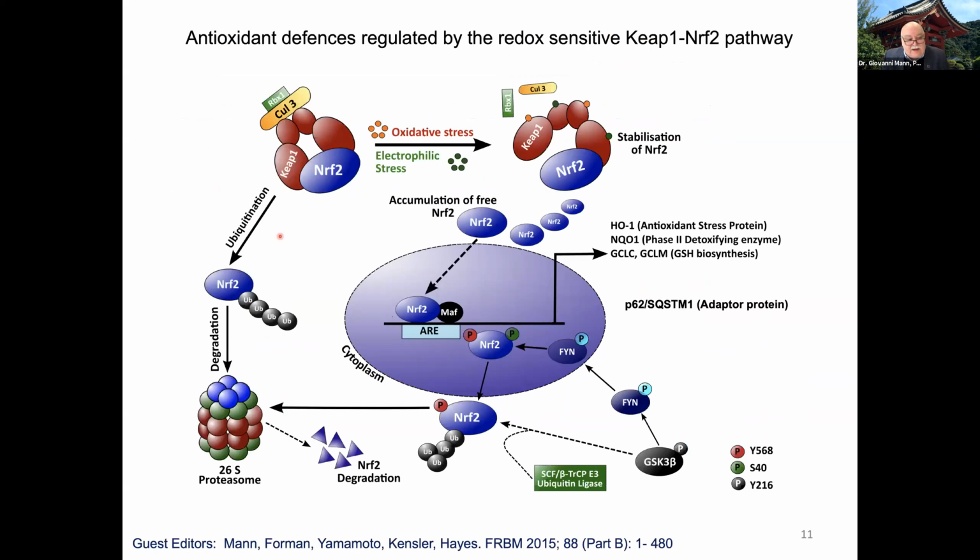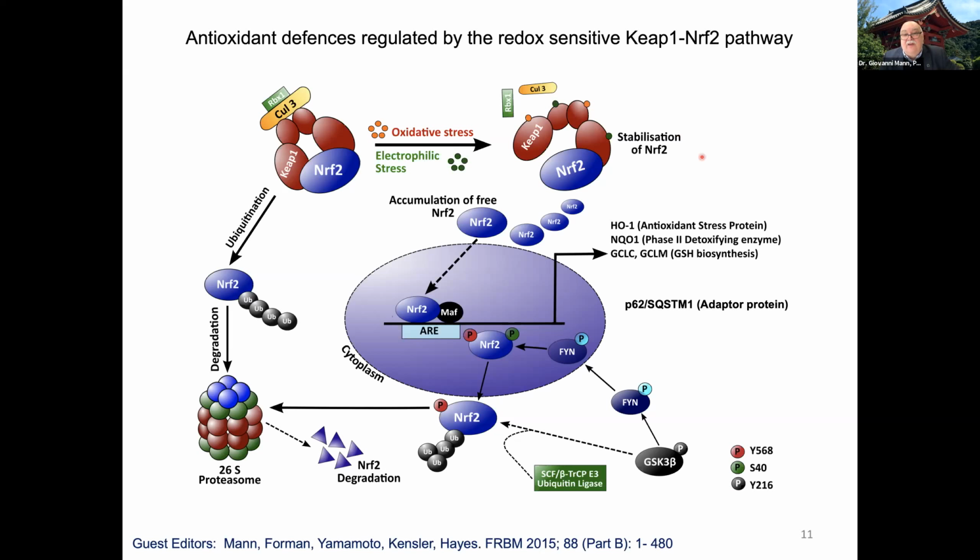The other interest that my lab has is in redox signaling. It's a complicated slide, but I'll walk you through it. This redox sensitive transcription factor is normally tethered to its cytosolic partner KEAP1, ubiquitinated and degraded via the 26S proteasome. When cells in vivo or culture are exposed to electrophilic stress, oxidative stress, or nitrosative stress, we change the conformation of this partnership.